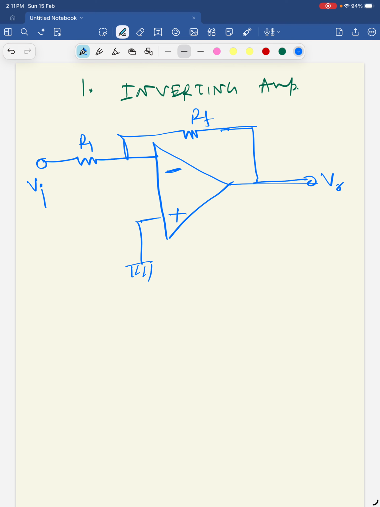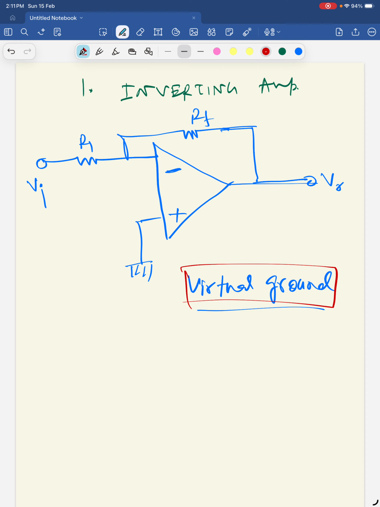Now, what is the concept of virtual ground? This is most important. We know that the input impedance of this operational amplifier is infinite, so the current flowing through this path is 0.